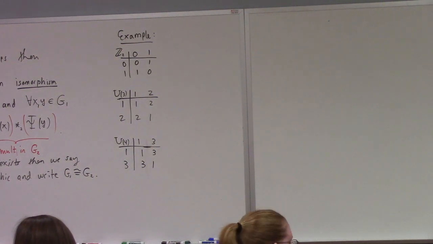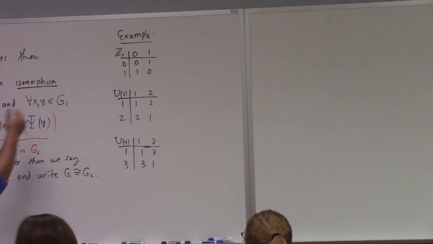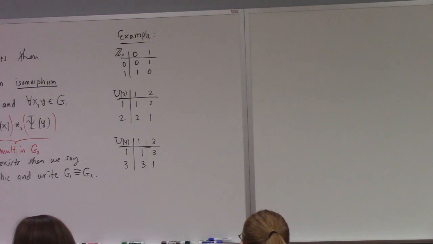So there's hope that these three groups are isomorphic because at least they have the same number of things. Even without the condition on the multiplication, the assumption that it's a bijection already tells you that the cardinality of isomorphic groups has to be the same. So there's hope that these three groups are isomorphic.